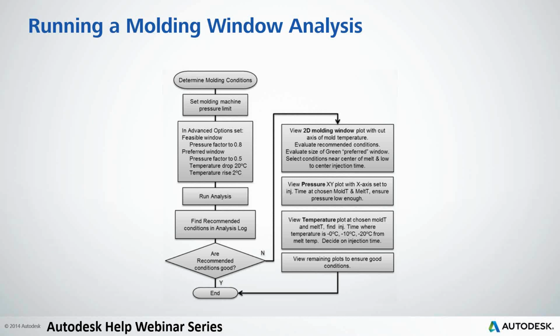You'll run the analysis, you'll look in the log file to see if the analysis recommends a good injection time and mold and melt temperature. If not, then you can look through the results and determine if you need to make any changes.